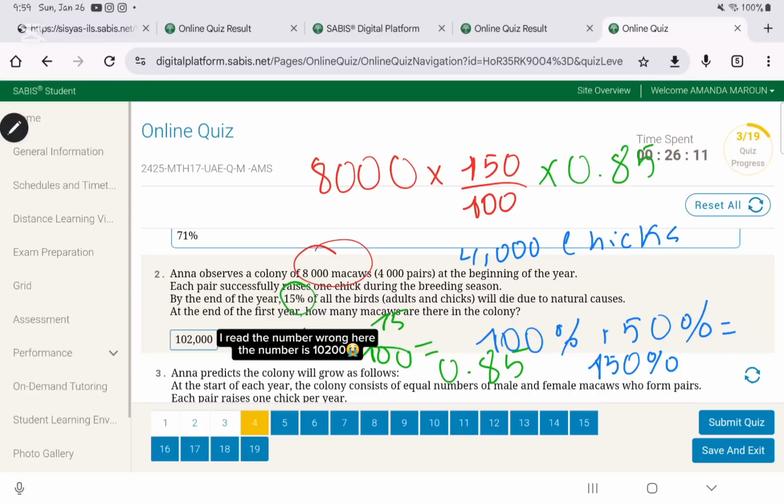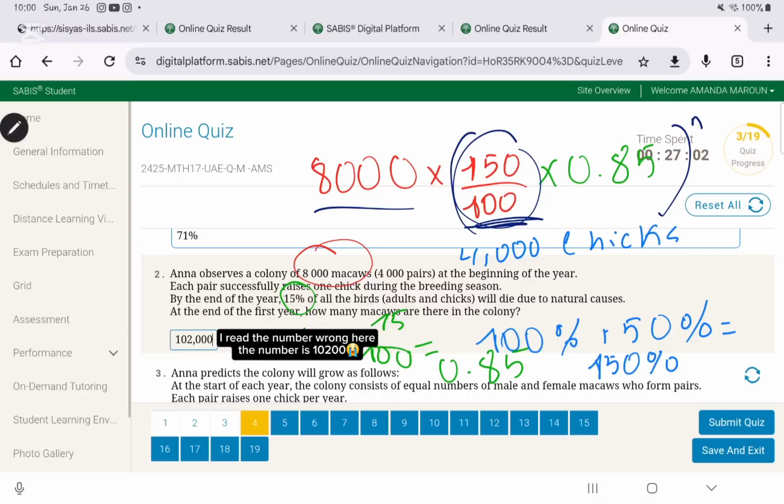But here there is a slight trick, that you have to keep these to the power of the number of years. So the number of macaws will increase with the number of years, but the initial number is not going to be affected. It's always going to remain 8,000 macaws. But the number of macaws is going to increase by 150% every year, because each pair successfully raises one chick during the breeding season, which happens every year.